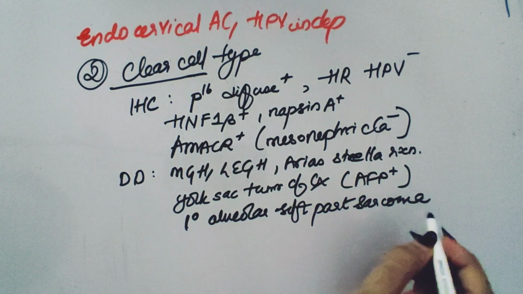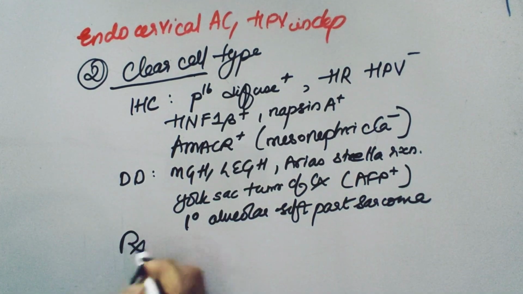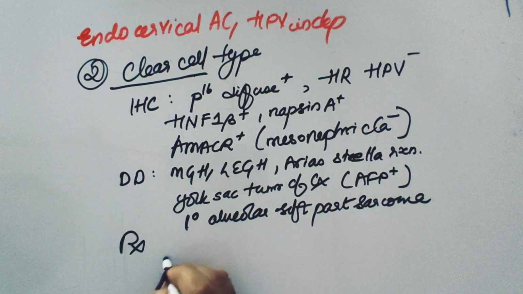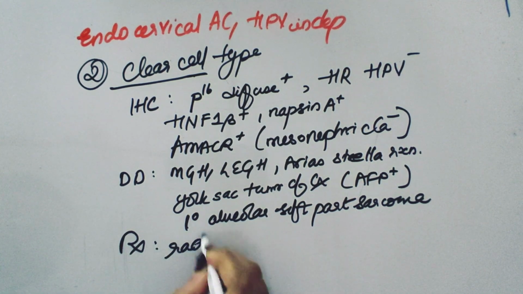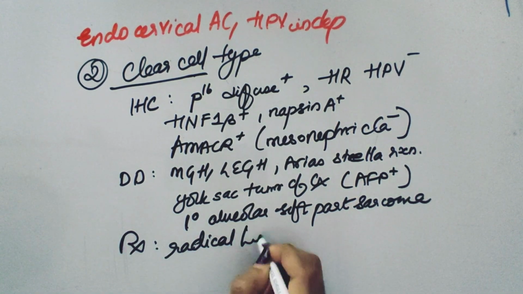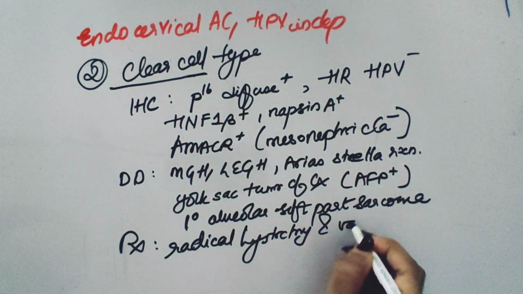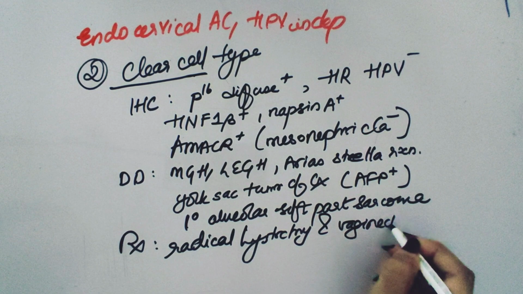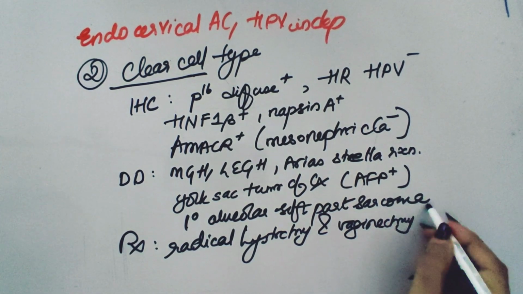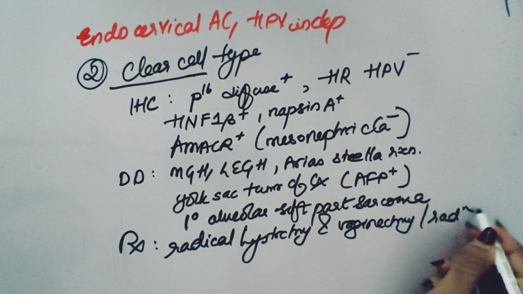So the treatment you give for clear cell type is radical hysterectomy and vaginectomy or radiation. Why?